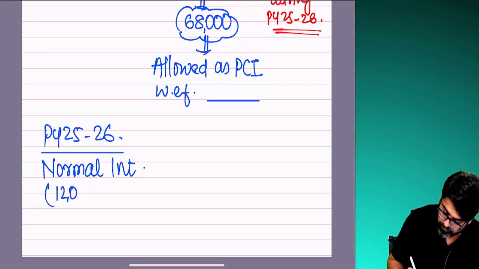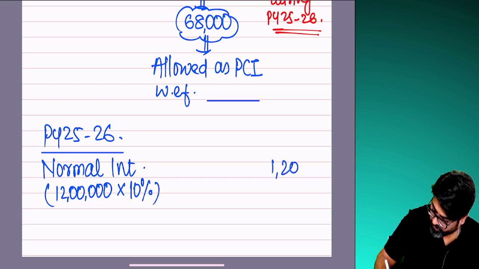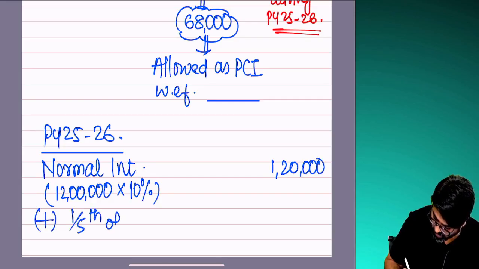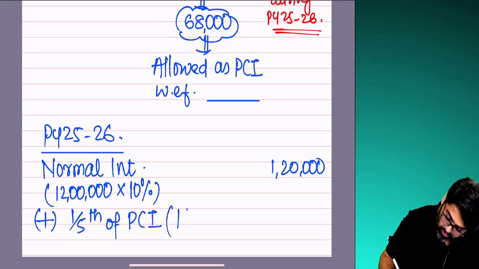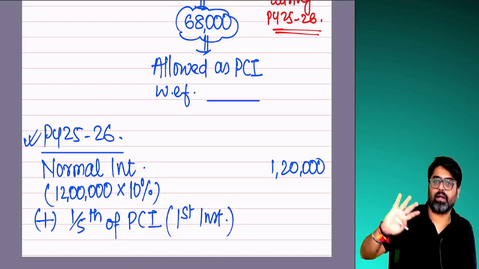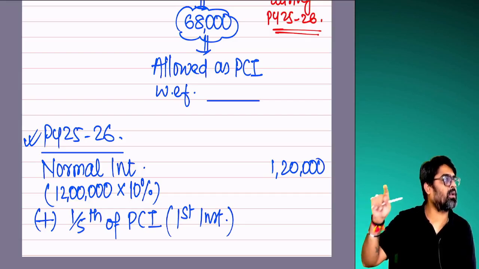12 lakhs into 10%. In this you will add 1/5 of the pre-construction interest, the first installment. Because in 25-26 the construction has completed. This is the year of completion of construction.